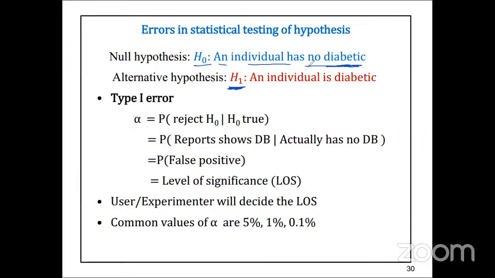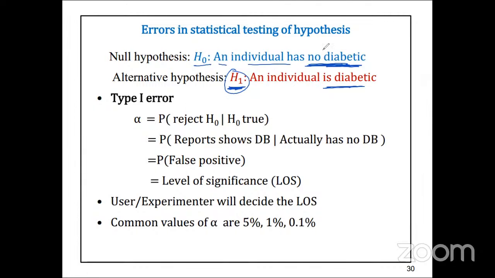That means an individual has no diabetes. That will be my null hypothesis, while the individual is a diabetic patient, this will be your alternative hypothesis. Remember, most of the researchers make mistakes in setting up the null and alternative hypothesis. So remember that how to set up the null and alternative hypothesis is very, very important.